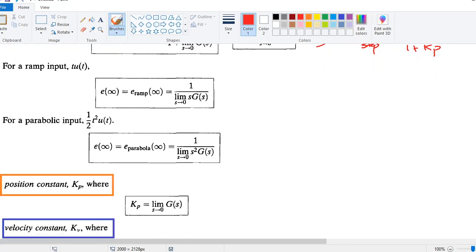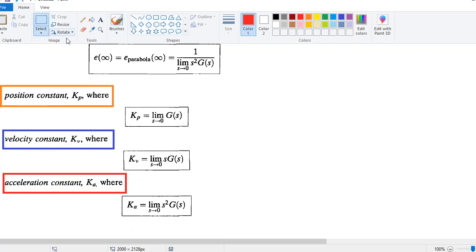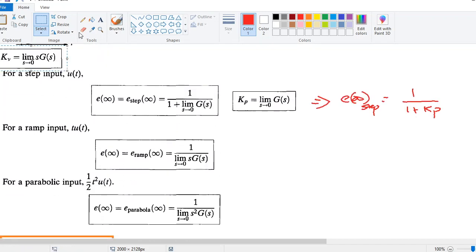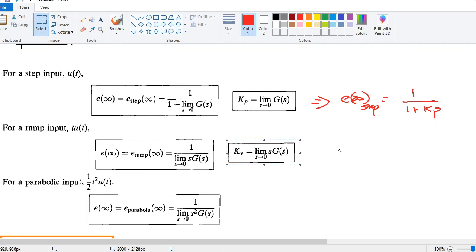Similarly, if you look at Kv, you will see that Kv is equal to limit s tending to 0 of s into G(s). Now if you take that in terms of the error for a ramp input, then this is equal to 1 divided by Kv, because Kv is equal to limit s tending to 0 of s into G(s).